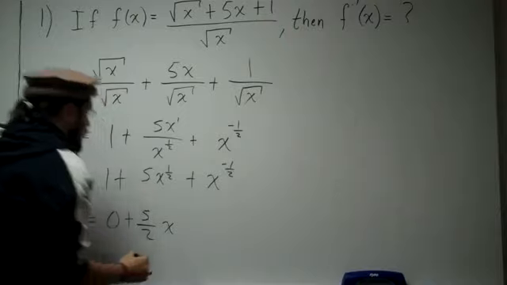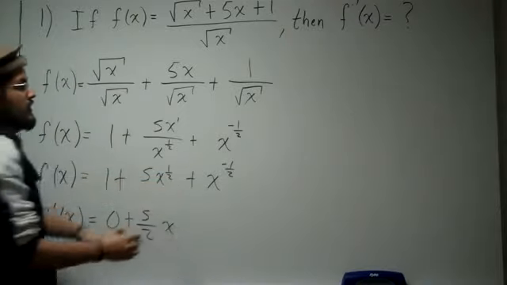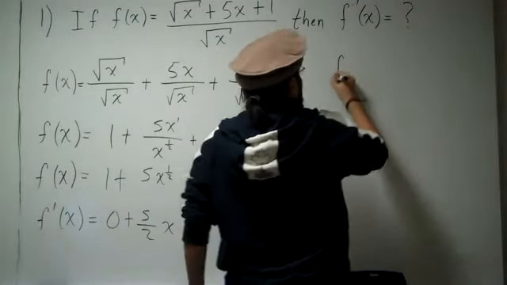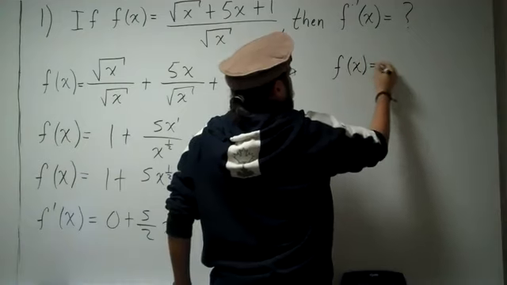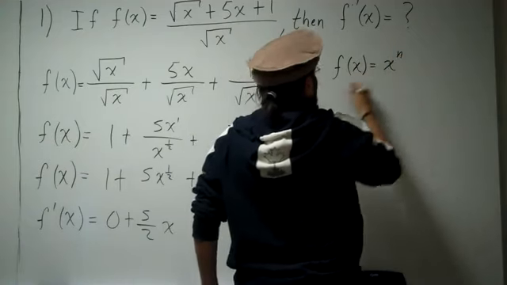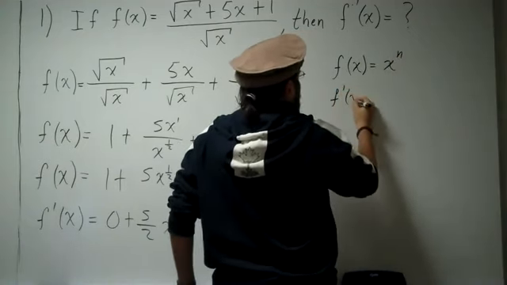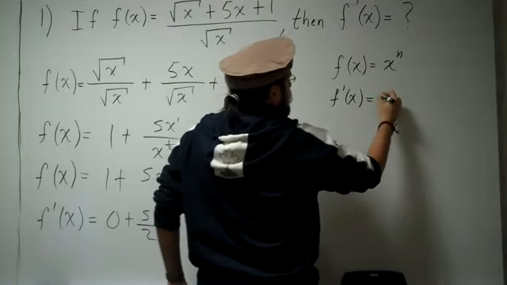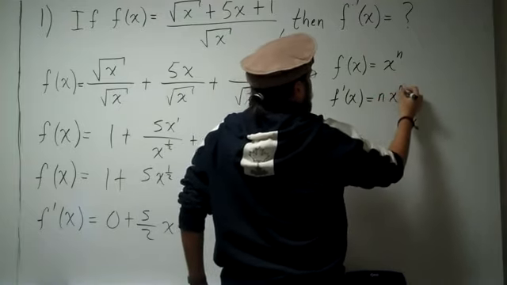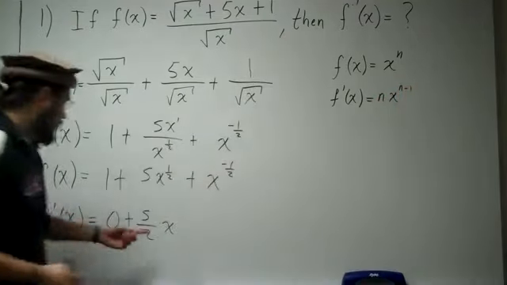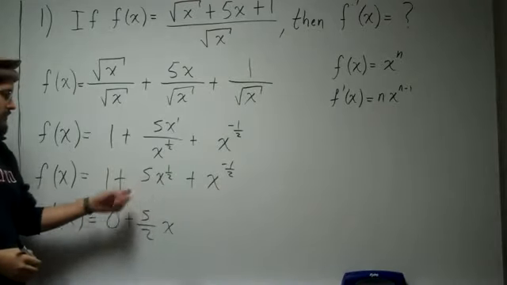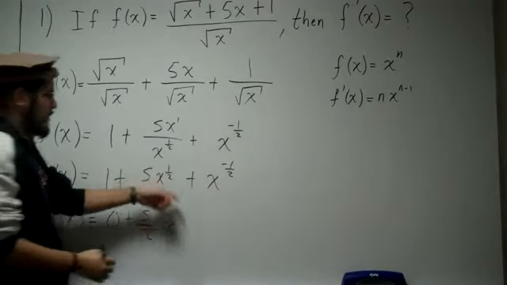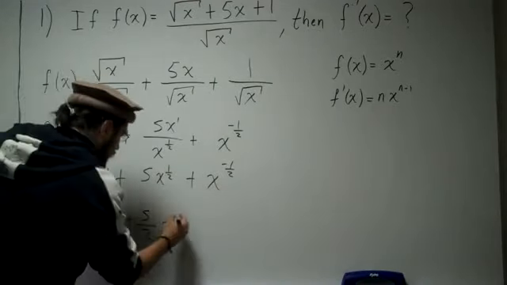X to the 1/2 minus 1, because we know if f of x equals x to the n, f prime of x is equal to n times x to the n minus 1. We brought the 1/2 down, multiplied that by 5, and now 1/2 minus 1 is negative 1/2.